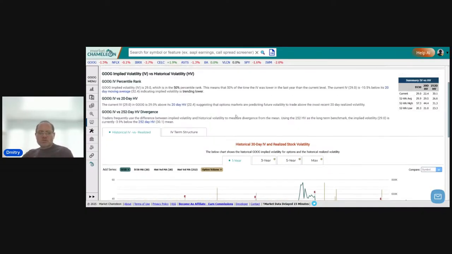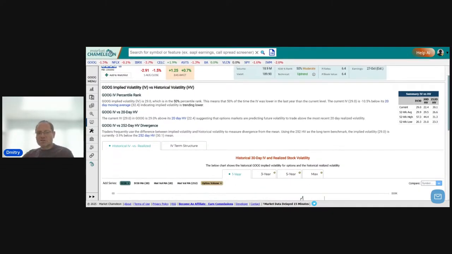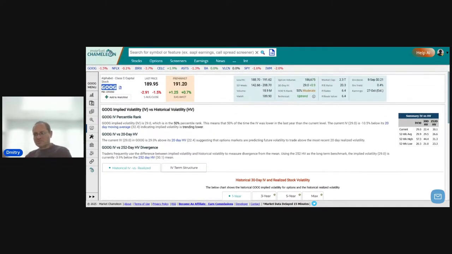But a stock like Google has many different options available to trade. We have different expirations and different strikes. Some strikes are far away, the tails, strikes that could be 10%, 20%, 30% away, and that option could produce a different implied volatility.